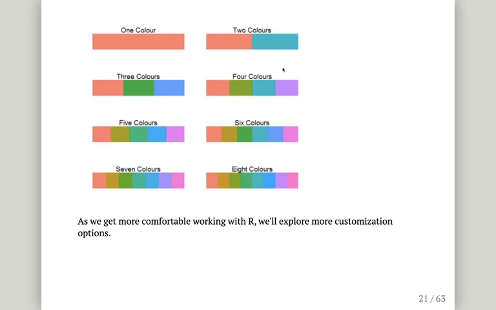As you get more and more color groupings, it gets more difficult to distinguish, especially looking at 7 and 8 colors. These greens and blues tend to run together. As we get more comfortable this semester, we'll look at more customization options, more coloring options as well, but you're welcome to use the default color scheme if that speaks to you.